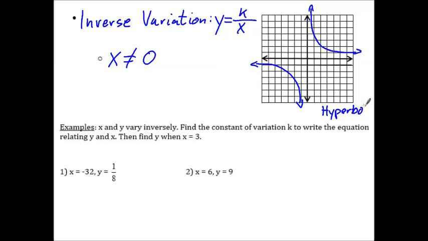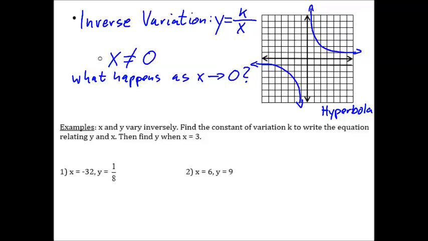And I want you to spend a minute thinking about what happens as x gets closer and closer to 0. It can never get to 0 exactly, but it can get closer and closer. And what happens to your function and to your graph if that happens?